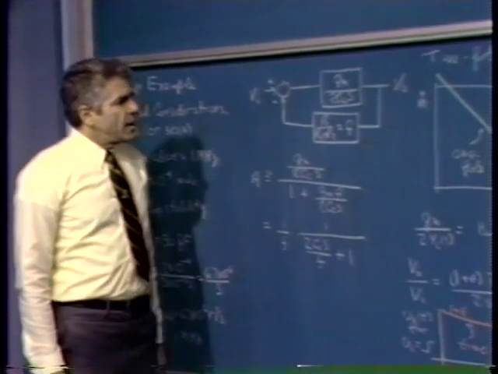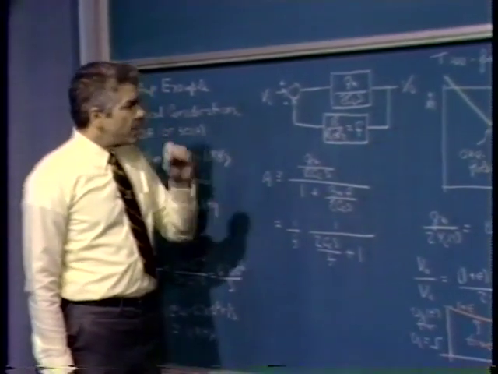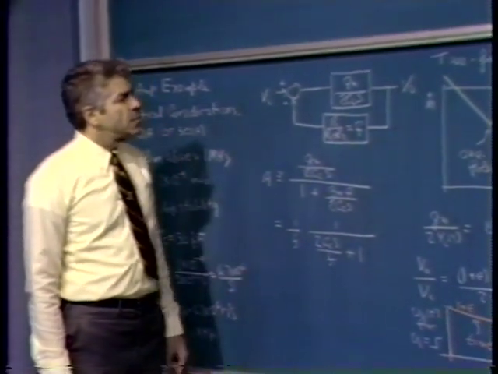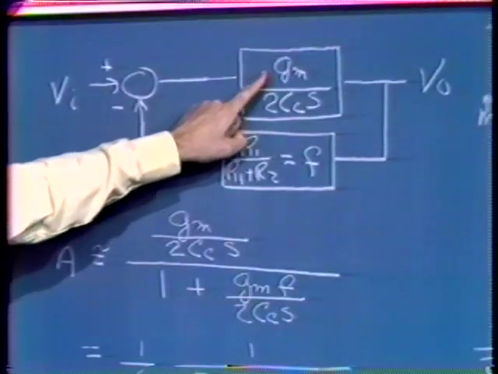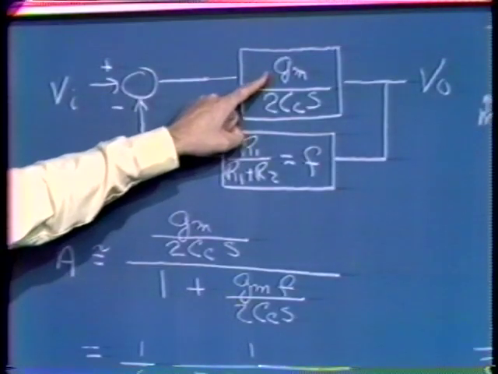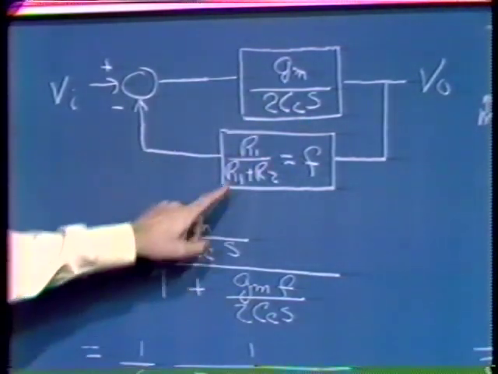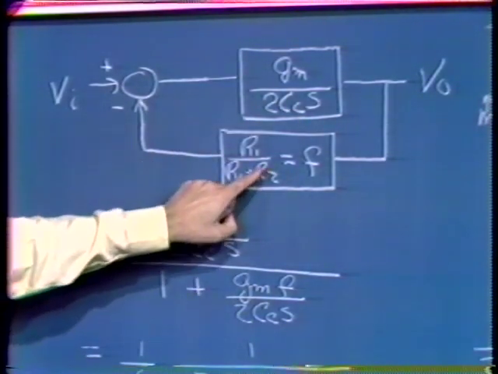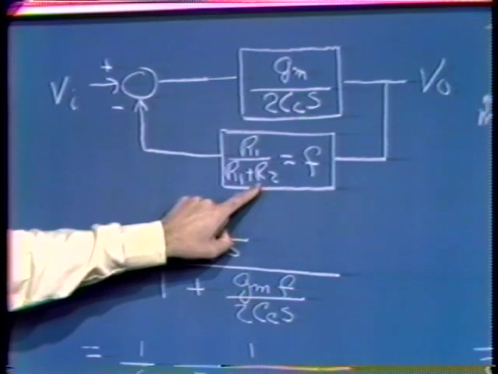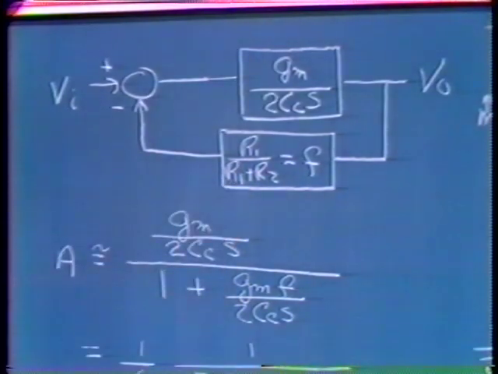The block diagram, assuming that we can represent the amplifier by our approximation, has a forward path that will be simply the approximation, G sub m over 2 times C sub C s. The feedback path reflects the attenuation provided by the R1, R1 plus R2 network.